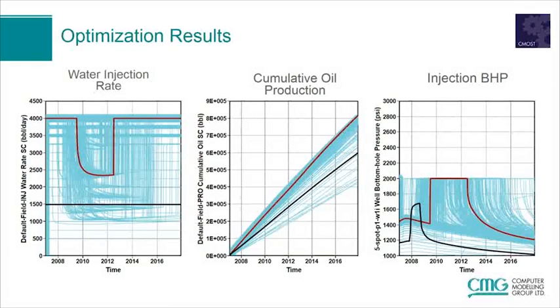The problem is that the injectivity was limited due to maximum frac pressure. You can see that in this last plot here, that our injection pressure was limited to 2,000 psi because of our limiting frac pressure. Now you see here that our cumulative oil production, our optimum case was not necessarily the maximum cumulative oil. It was close to it, but it was not quite at the maximum.